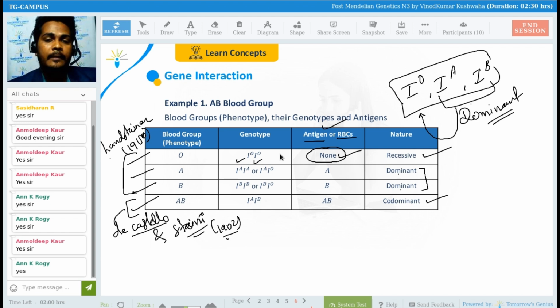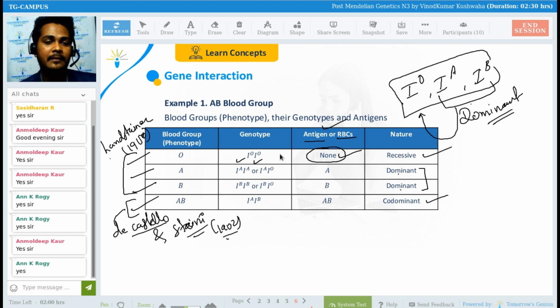Now, another important thing: IA produces antigen A. Similarly, IB produces antigen B. That means in every person, any of the three alleles may be present.